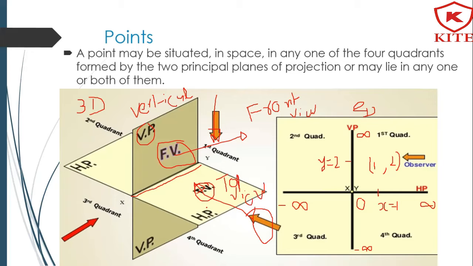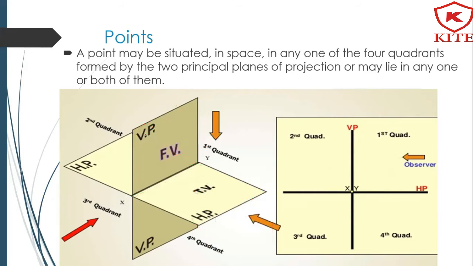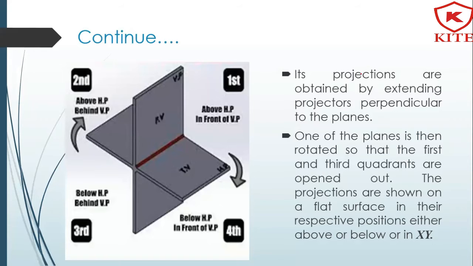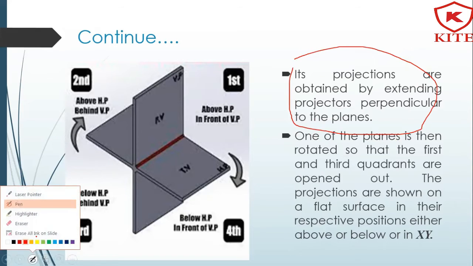The plane on which the top view is obtained is called the horizontal plane. So just to be clear, its projections are obtained by extending the projectors perpendicular to the planes, and then one of the planes is rotated.